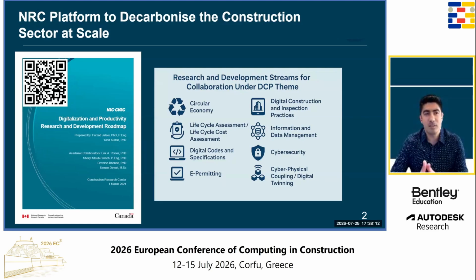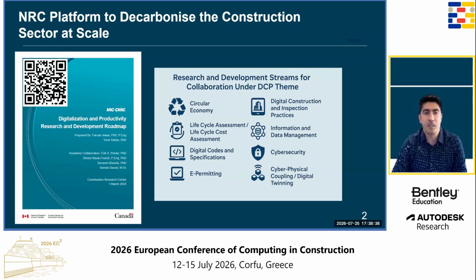As you can see in this report, one of the very first reports that we have published, the main R&D streams of the digitalization of the construction sector and the productivity policy are captured.